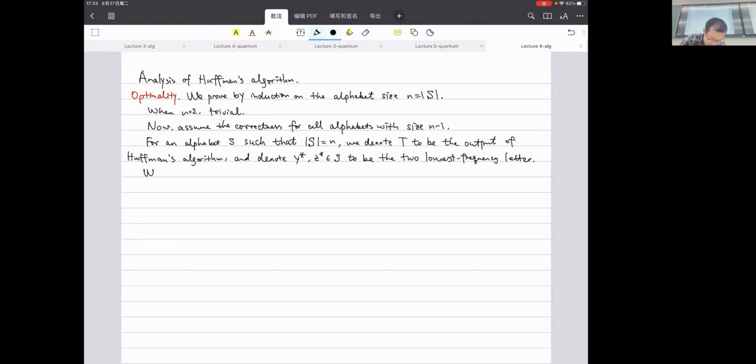So we can denote T prime to be the output of Huffman's algorithm with Y star and Z star merged as letter W. So basically, we look one step before. And of course, since we merge, the alphabet size of S prime should equal n minus 1.